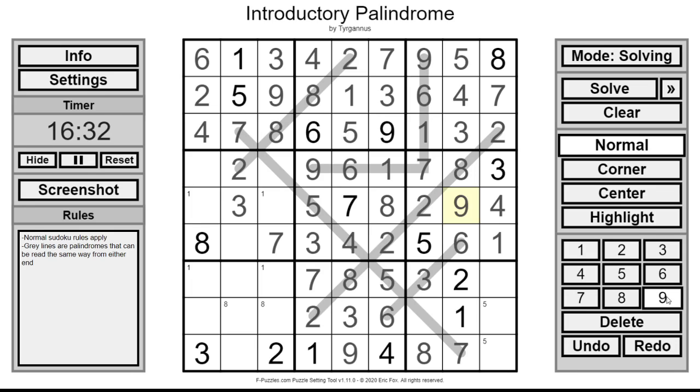Something satisfying about getting the middle square of a Celeste. One, 2, 3, 4. So now that's a 4. 4s are all done. One, 2, 3, 4, 5, and here.